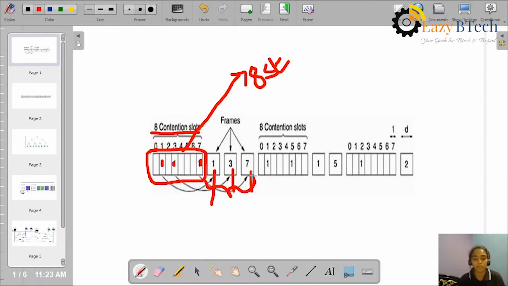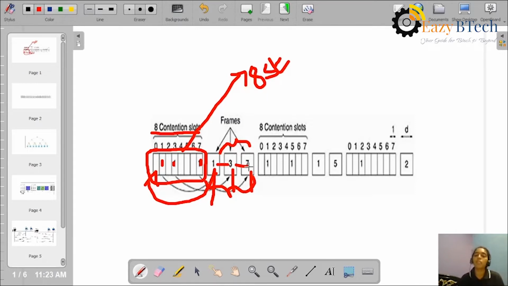If station 1 uses the channel, it has to know whether any other stations want to communicate. Yes, stations 3 and 7 also want to communicate data frames, but a mutual agreement is made by stations 1, 3, and 7.